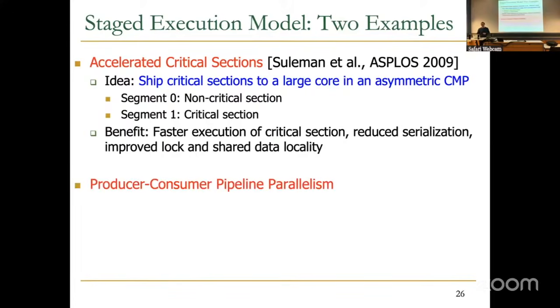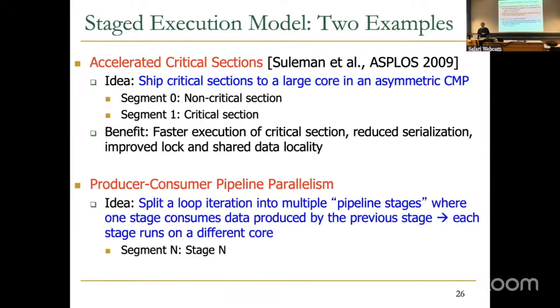Producer-consumer pipeline parallelism, we've also seen it, but to a lesser extent, perhaps. And we've seen the idea multiple times before. You split a loop iteration into multiple pipeline stages, where one stage consumes data produced by the previous stage. And each stage runs on a different core. And usually in these cases, a stage has a set of data that it operates on. So it's really exploiting locality.